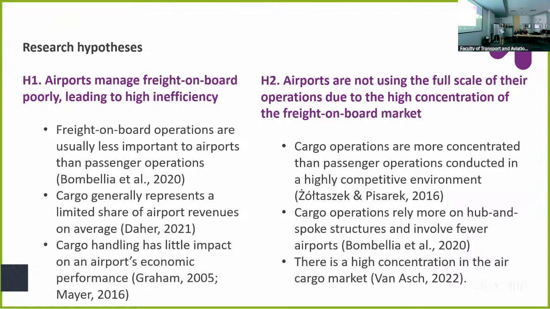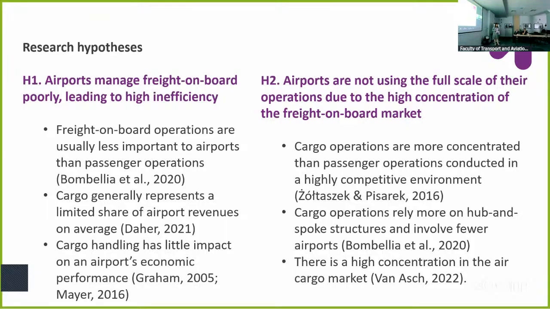And there were two main research hypotheses: airport management leading to high inefficiency, and airports not using the full scale of the operations due to the high concentration of the freight on board market. Usually cargo is less important to airports than passenger traffic, and cargo generally represents a limited share of airport revenues on average, and cargo handling has little impact on airports' economic performance.